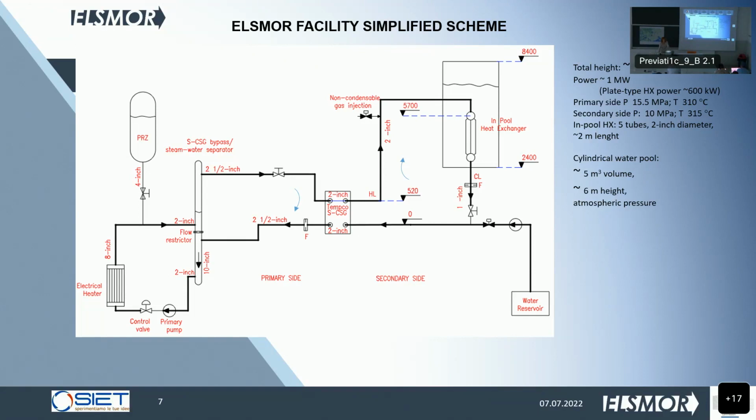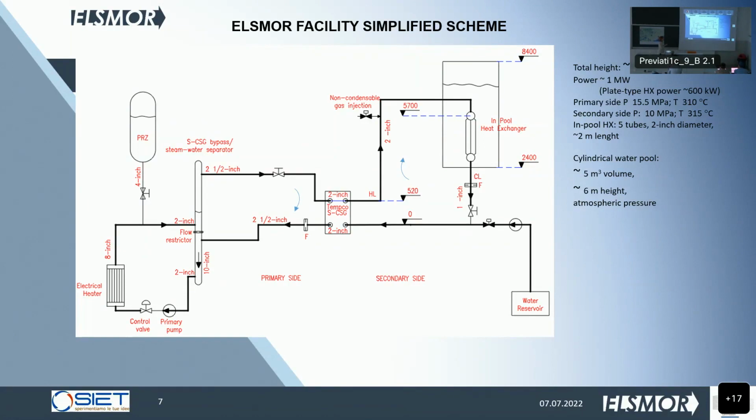So here we have an electrical heater, a pump that circulates water. So this hot water goes inside this tank that may be used in two ways, either full of water, or in two-phase conditions with steam and water.